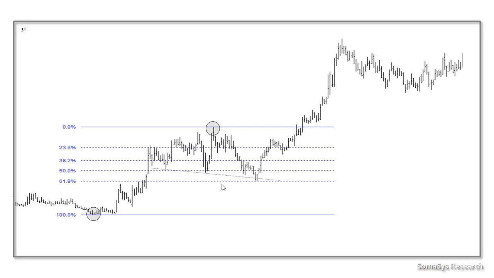Barring this trend line projection, we have this little congestion that formed here. And this area merges with the 61.8 levels. And also, if we draw a trend line joining the highs, we are getting an expanding pattern.